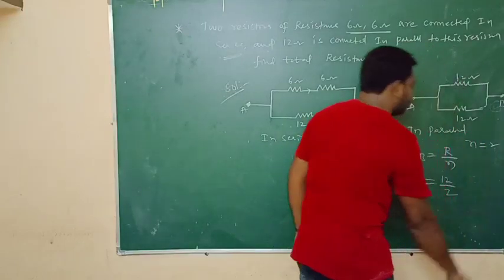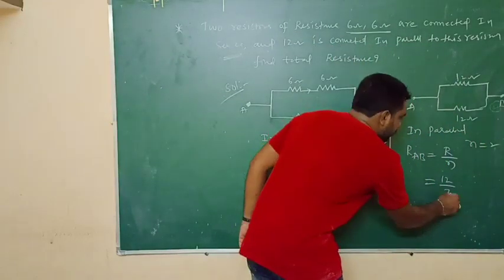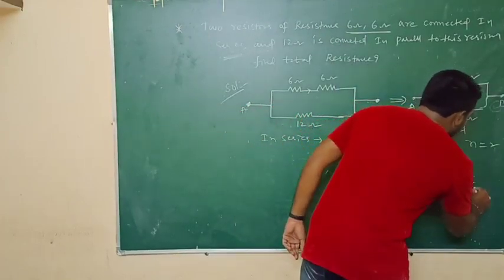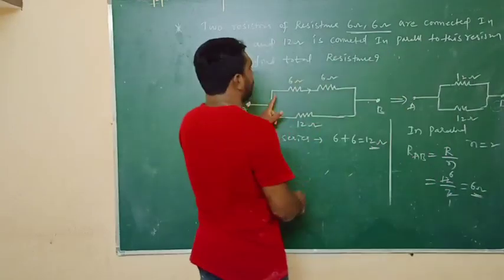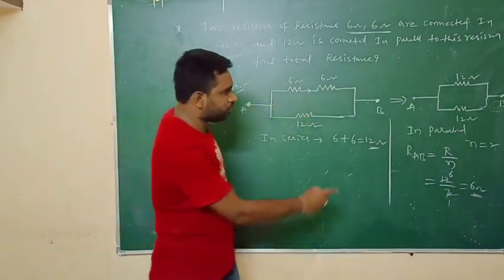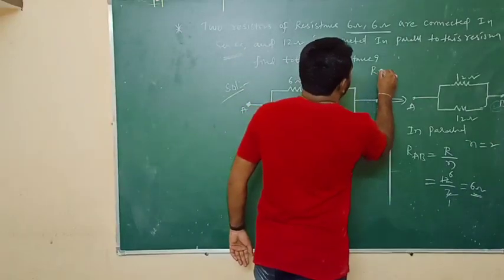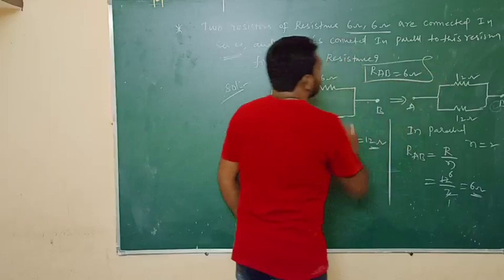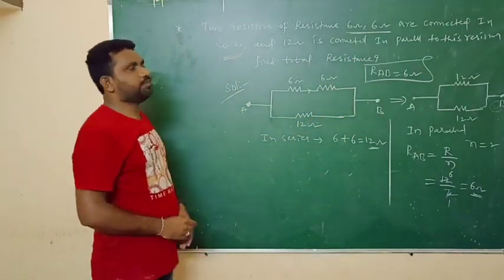Instead of N we substitute 2. So what do we get here? 12 over 2 is 6. So then R_AB equals 6 ohms. The combined resistance of these 3 resistors becomes 6 ohms. In this way we get the answer.